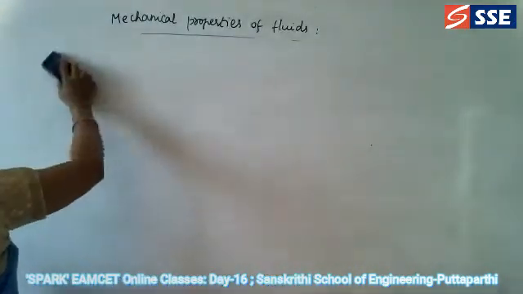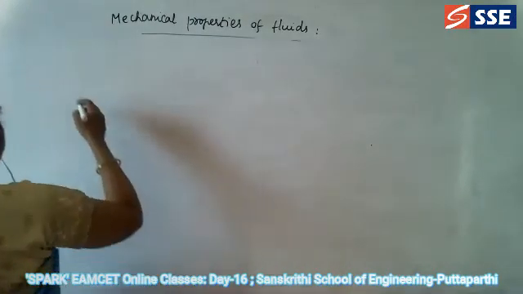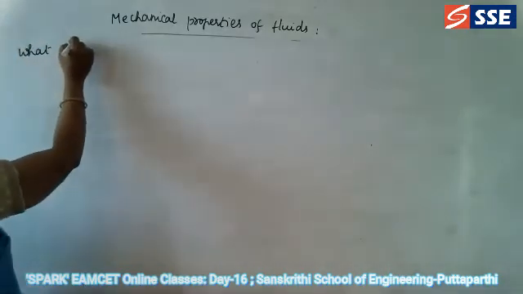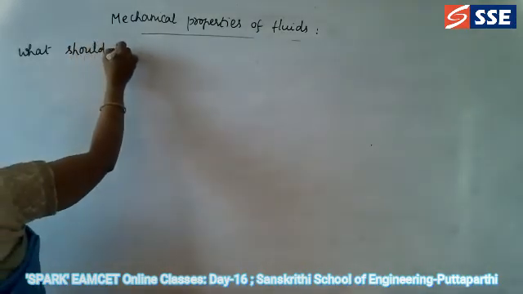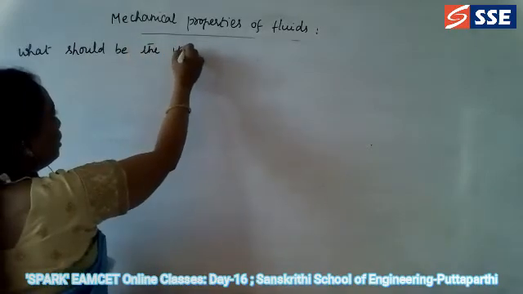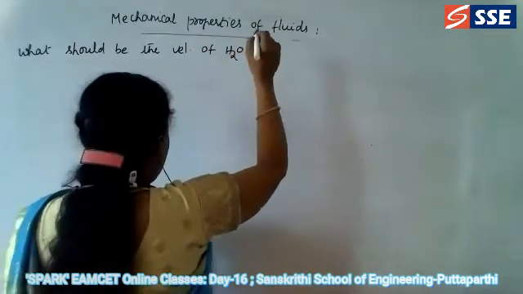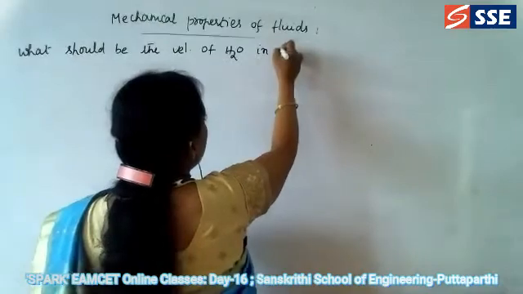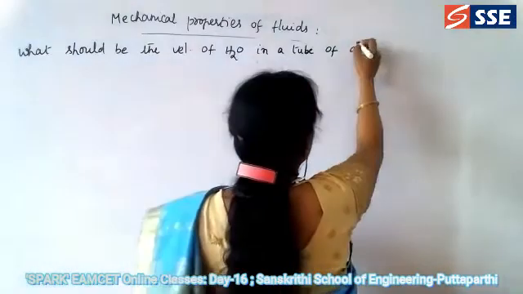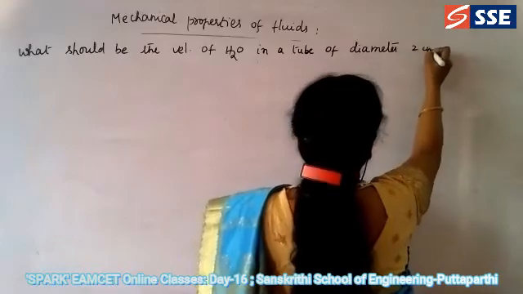Okay. Next one. Write down. What should be the average velocity of water in a tube of diameter 2 centimeters.